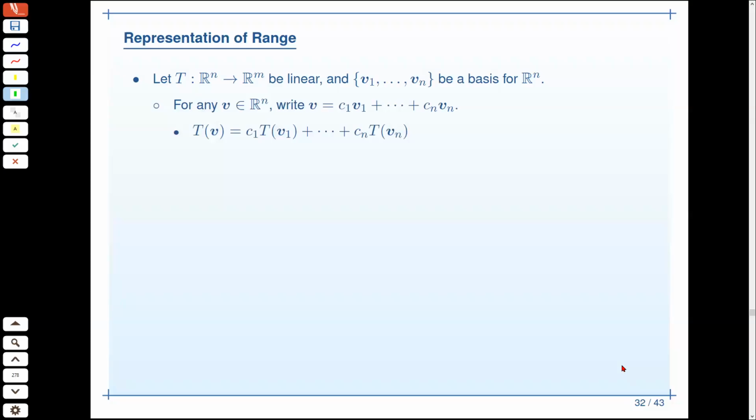By linearity, T(v) is in this form, so T(v) is determined by the images, and of course it is a linear combination. So it belongs to the span of T(v1), T(v2), up to T(vn).